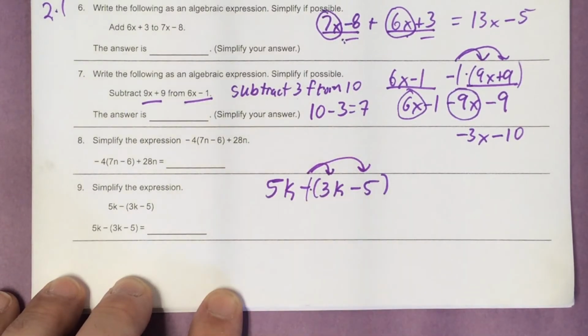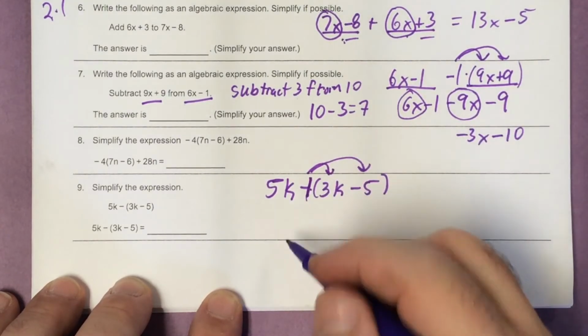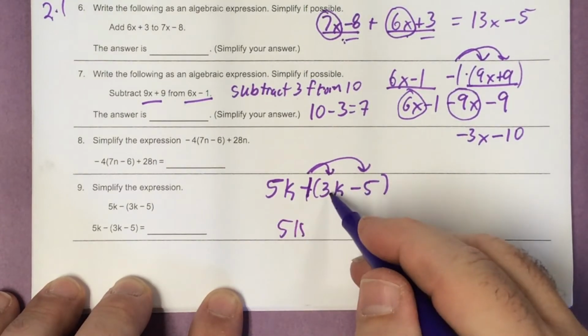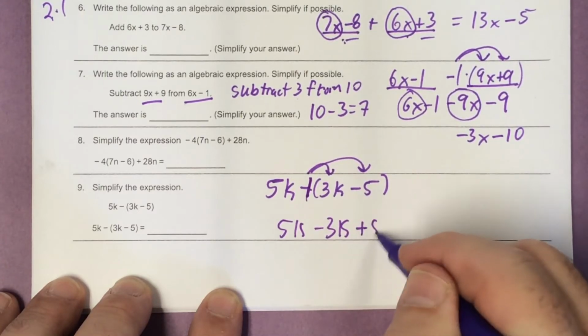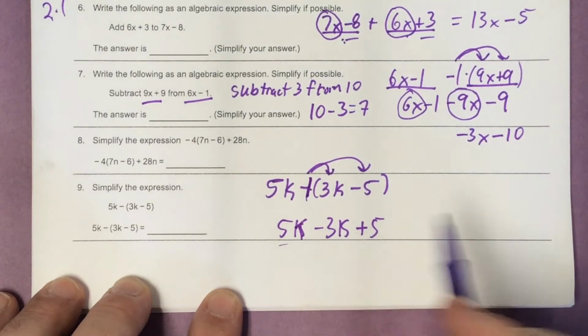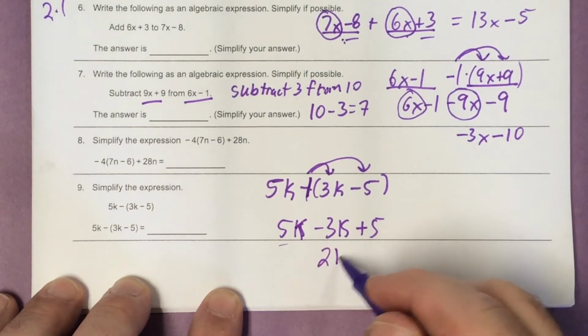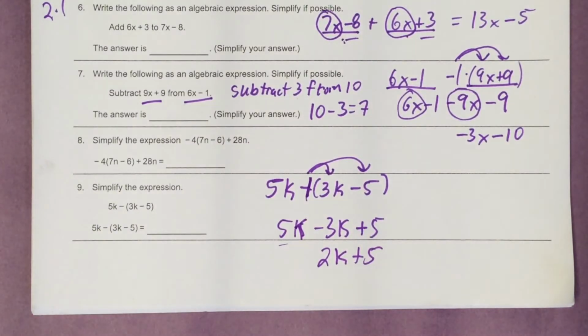Not changing the 3k, not changing the negative 5, but changing their sign rather. So this is going to be 5k minus 3k plus 5. From that point, we would take 5k minus 3k, or 5 minus 3. That's going to give me 2k, and then plus 5 comes down. And that helps out with question 9 here.